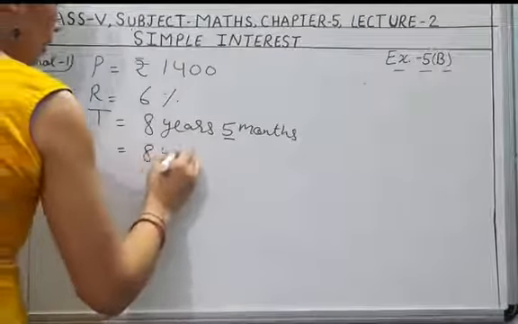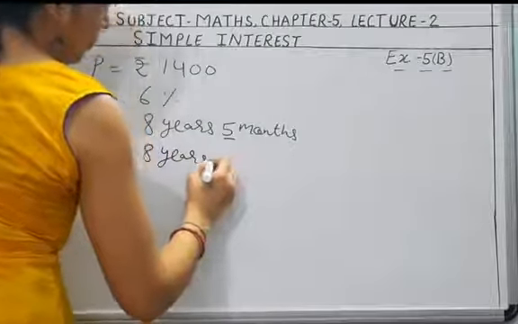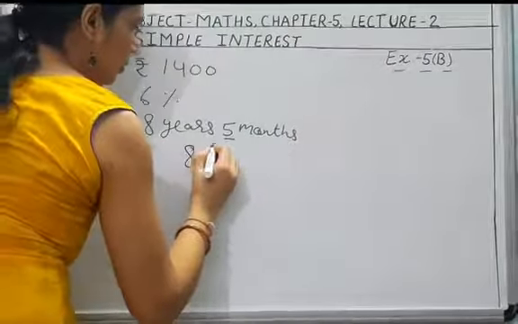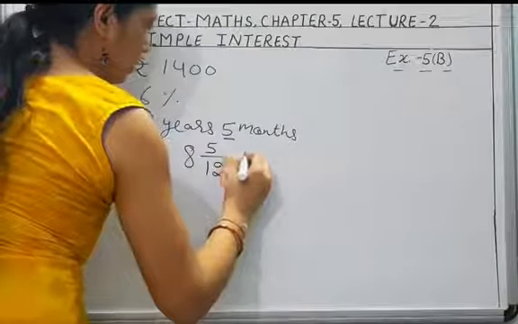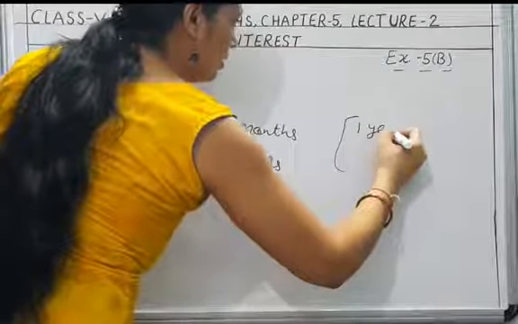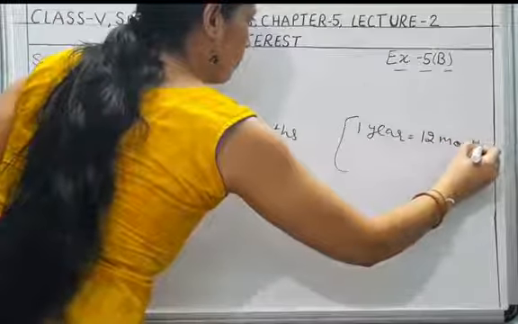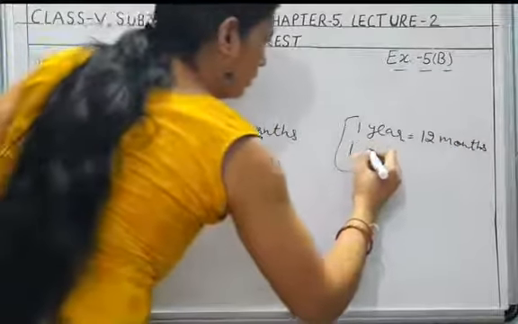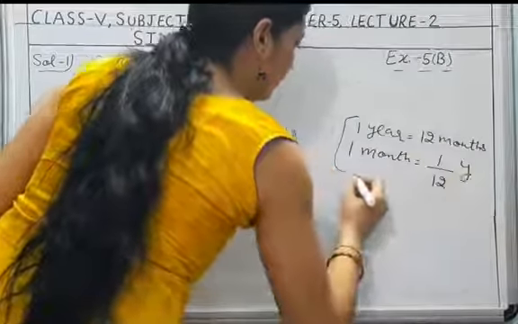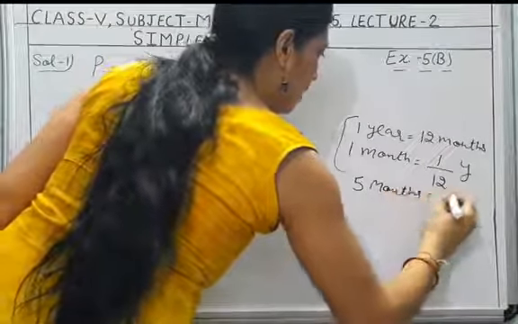So it will become 8 years, or you can write down directly 8 5 by 12 years. 1 year has 12 months. So 1 month is 1 upon 12 year, and 5 months is 5 upon 12.